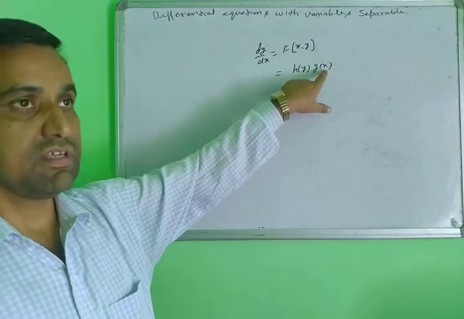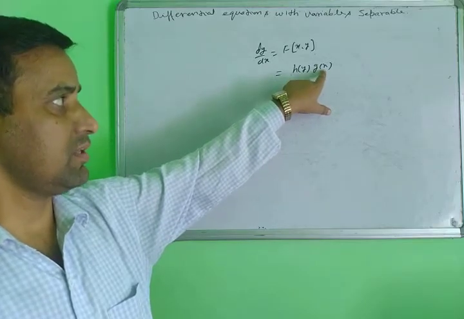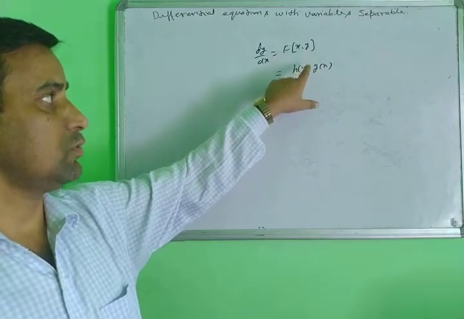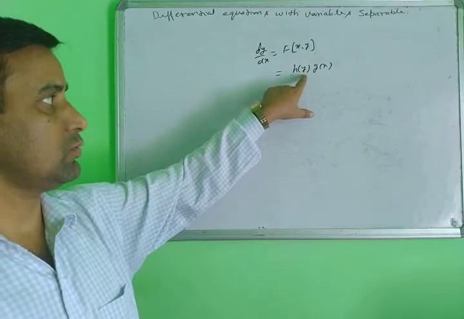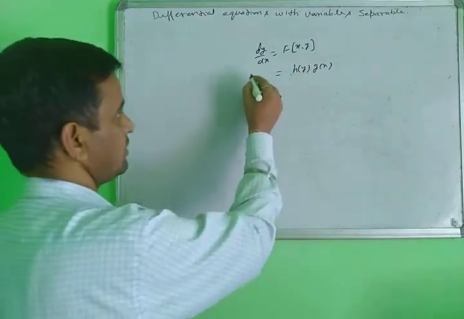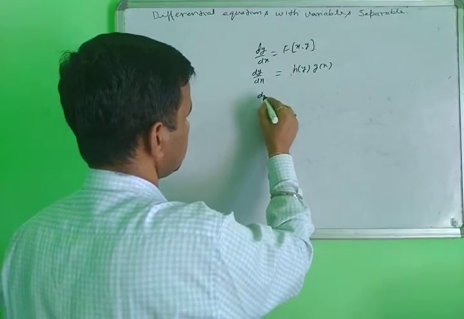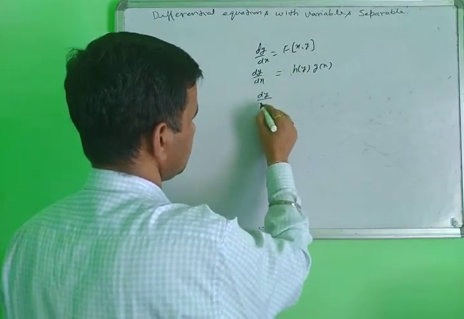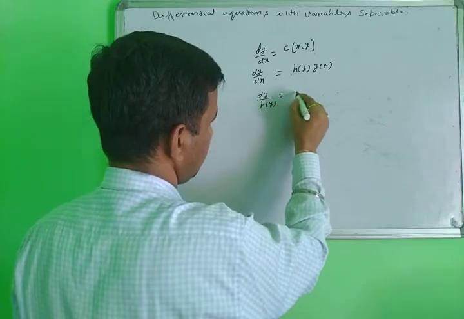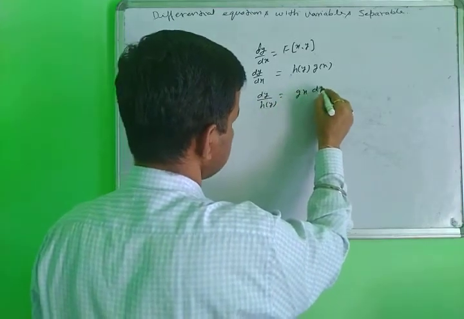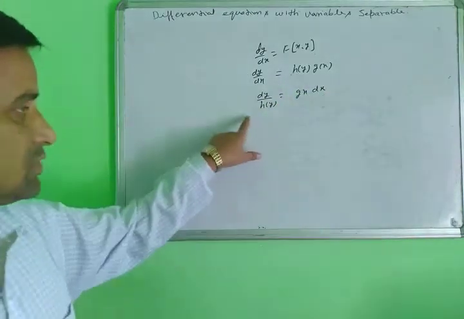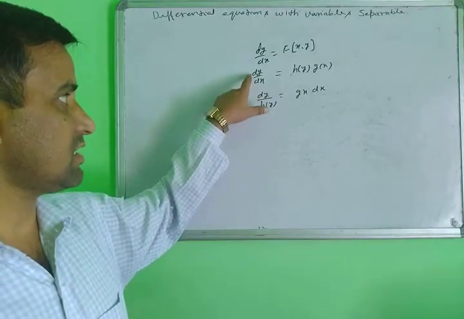Those functions having the x variable, you separate. Those functions having the y variable, you separate. Then dy over dx equals hy and gx. Then you will separate dx and dy.